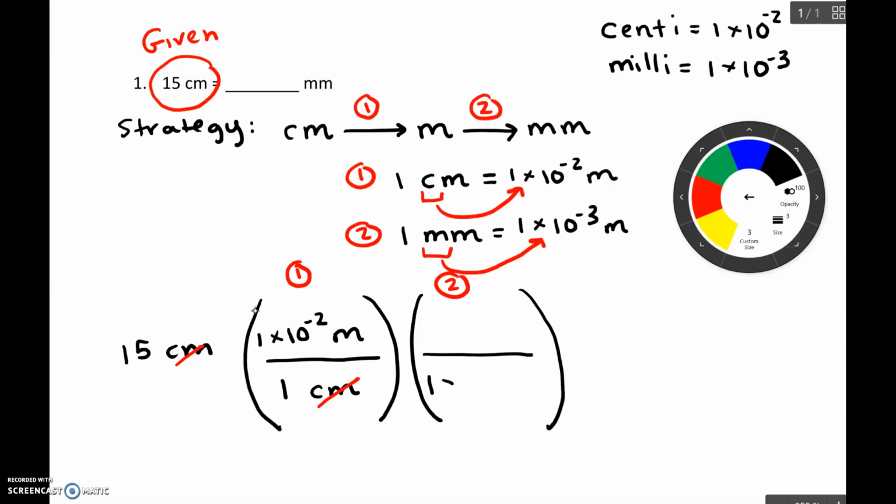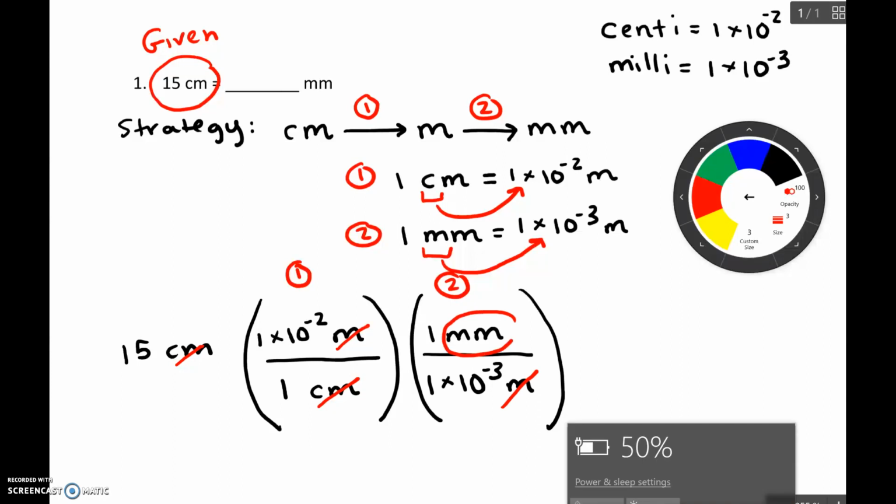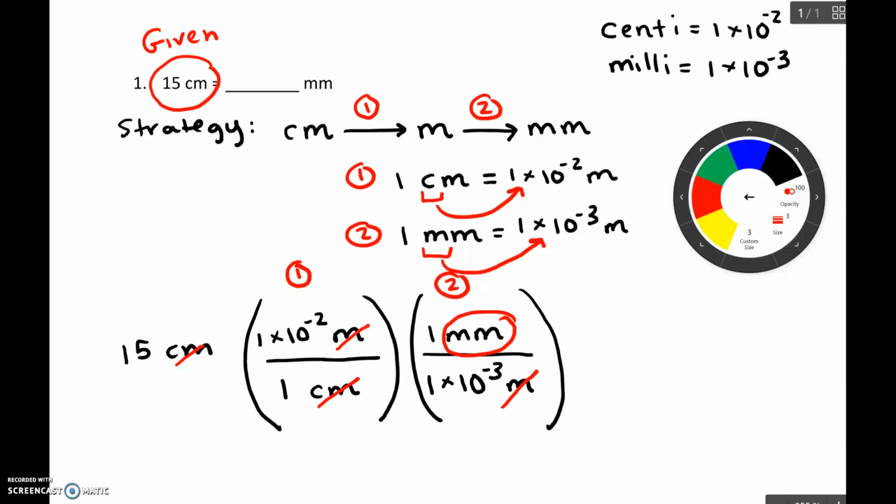So I'm going to do 1 times 10 to the negative 3 meters, and that's going to go on bottom. On the top is going to be that 1 millimeter, the whole left-hand side. If I look at how these units cancel, the meters are gone, and the only units I'm left with are the ones that I'm trying to find, which are these units of millimeters.